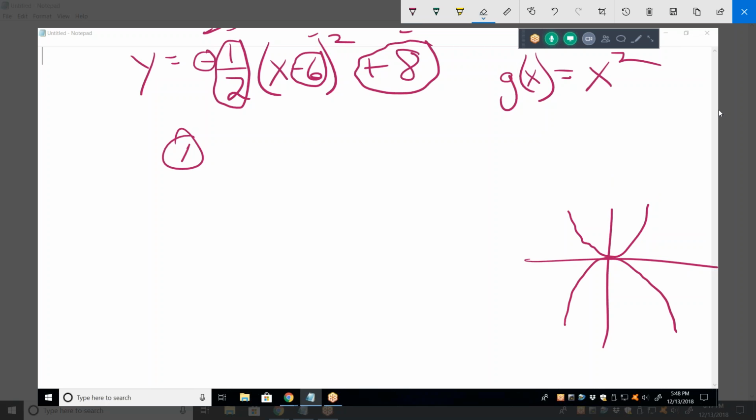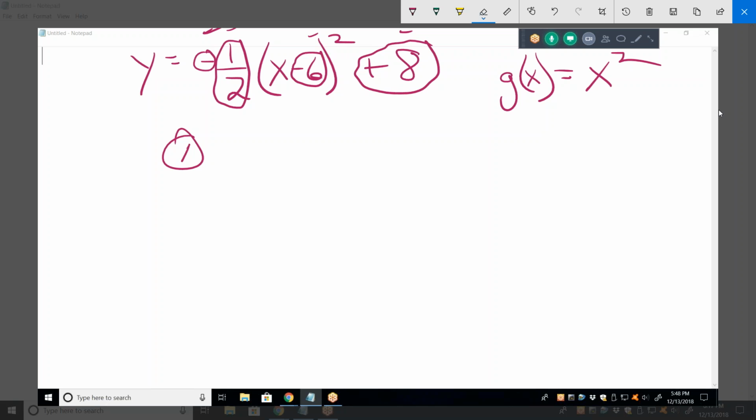Now, there's a reason I call it a vertical reflection. It's important. There are only 6 types of transformations. There are 3 vertical and 3 horizontal. All vertical transformations are outside the function. All horizontal transformations are inside. So the negative sign is outside the function.